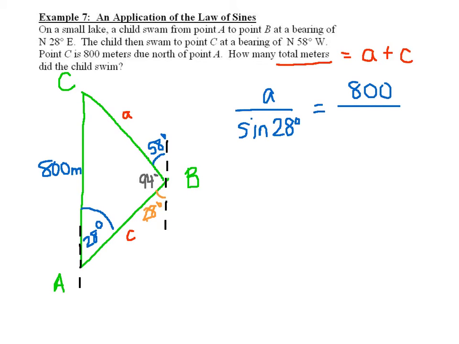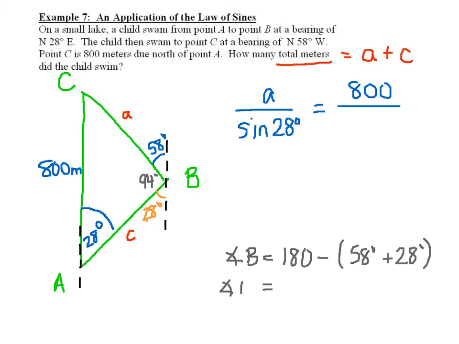And once again, we get angle B by taking 180 minus your 58 degrees plus 28 degrees. And that is how we end up getting 94 degrees. Alright, so what we're going to do is we're going to say the sine of 94 underneath here.